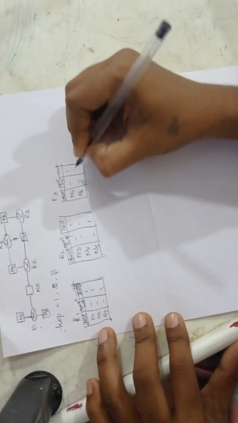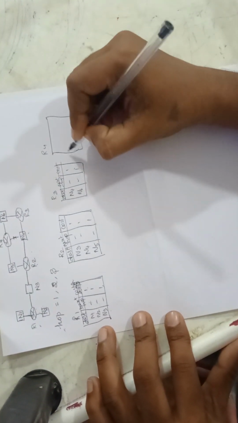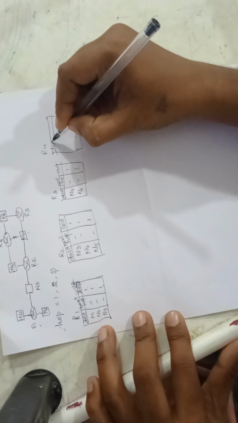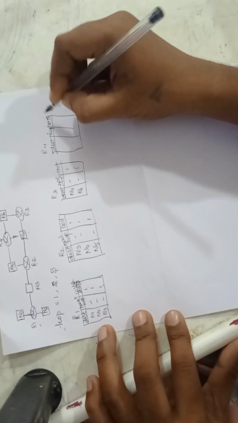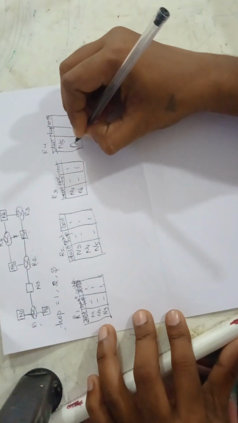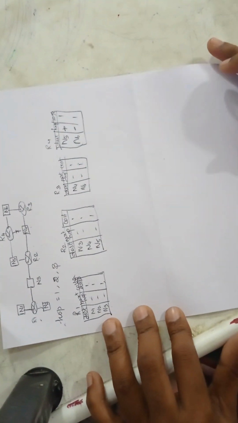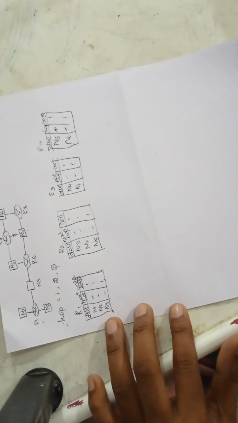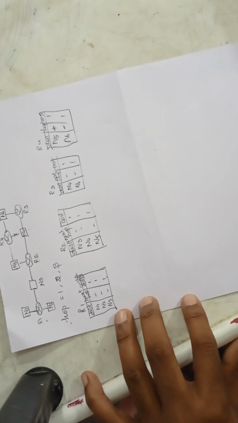In the same way we can compute router 4 also: destination, next hop, cost. In router 4 we have only two links, N5 and N6, each with hop count 1. So this is the basic initial state of the routing table for each router.